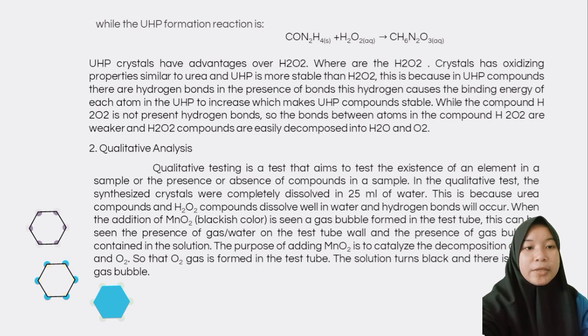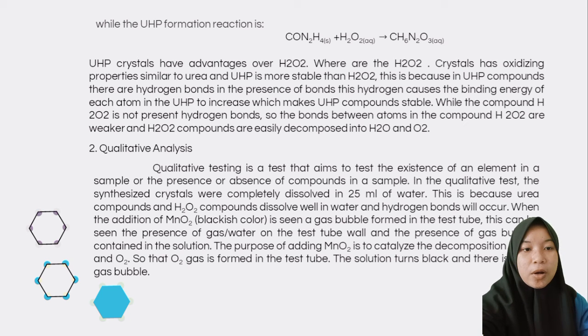And two, qualitative analysis. Qualitative testing is a test that aims to test the existence of an element in a sample or the presence or absence of compounds in a sample. In the qualitative test, the synthesized crystals were completely dissolved in 25 ml of water. This is because urea compounds and hydrogen peroxide compounds dissolve well in water and hydrogen bonds will occur.